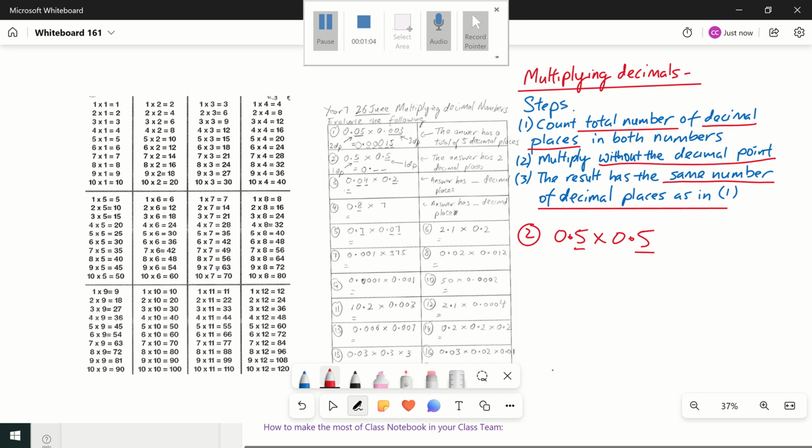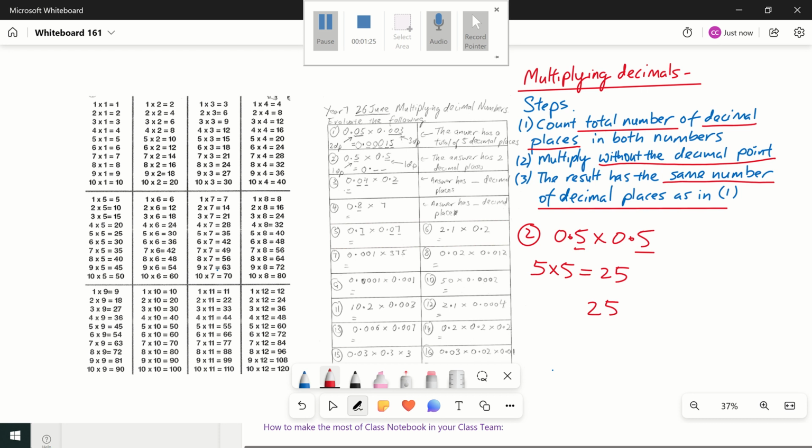So the second thing you're going to do is multiply 5 by 5, which is you're multiplying those two numbers as if the decimal points are not there. 5 times 5 gives you 25. So your final answer is 25, and it has two decimal places.